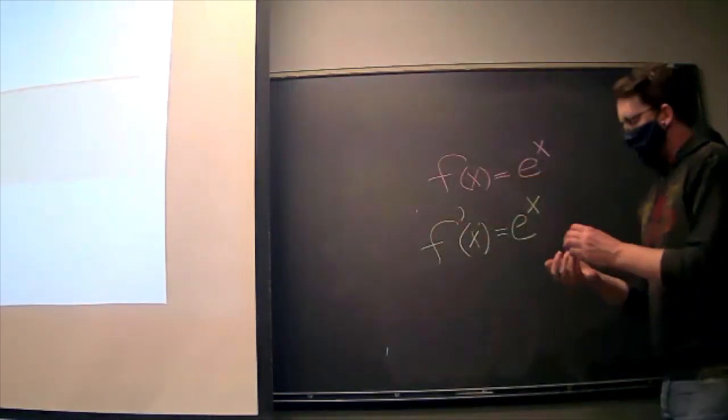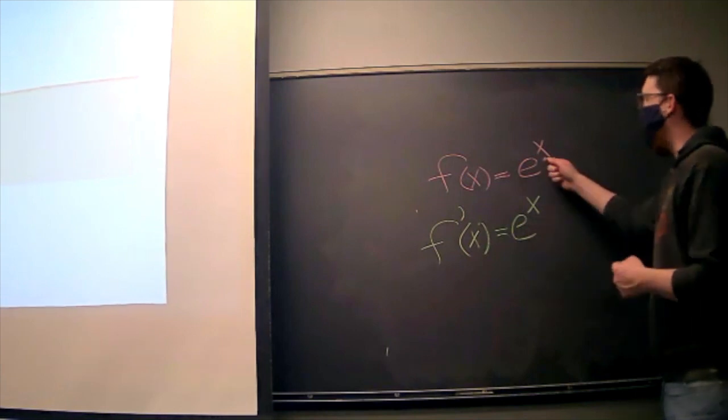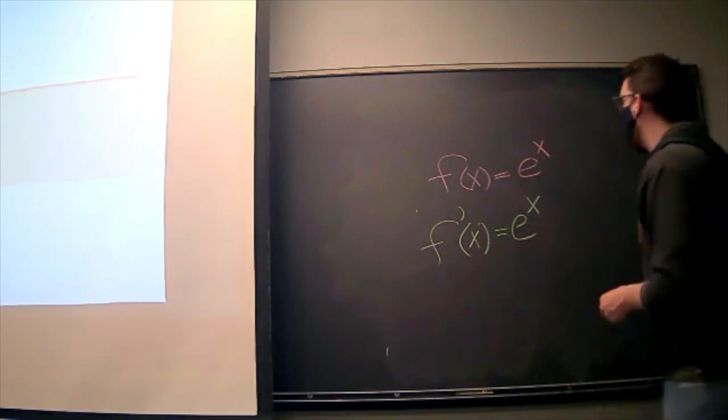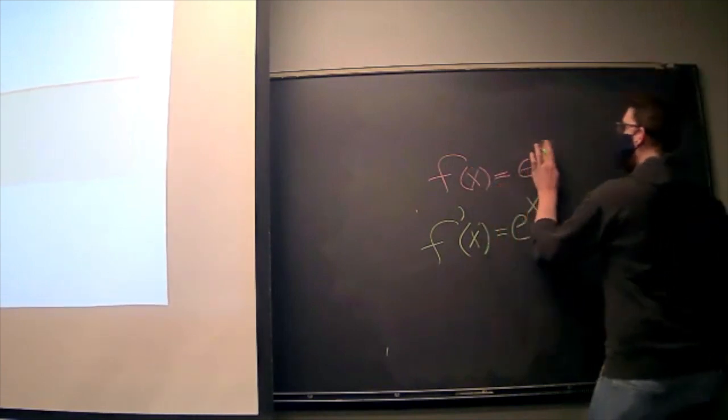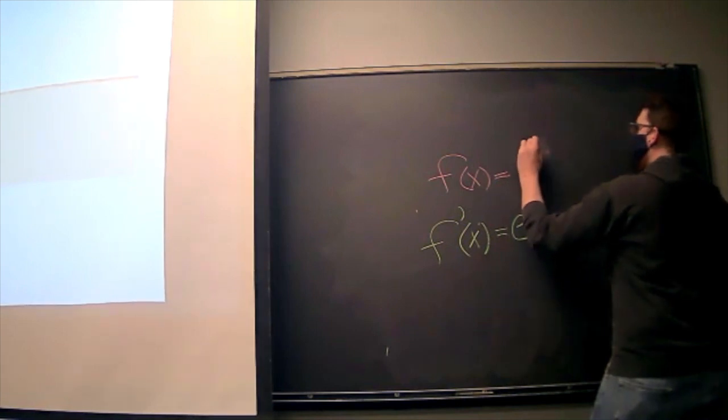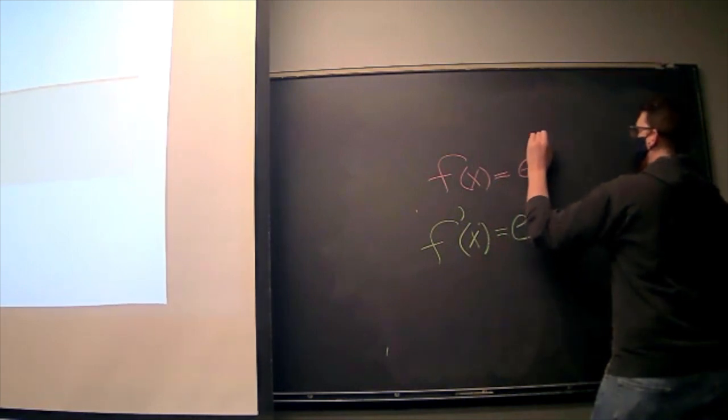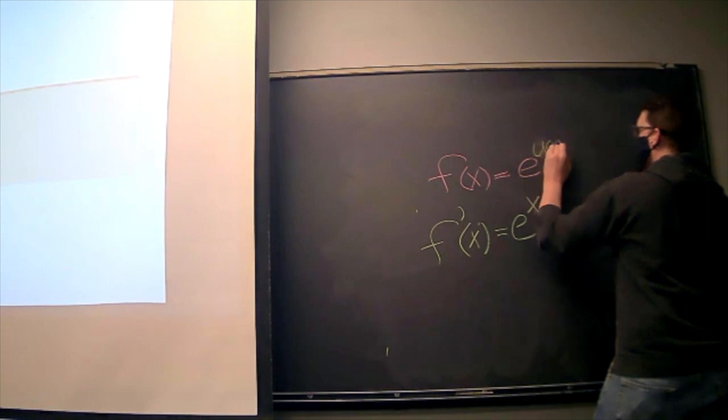Now, notice I kind of cheated up here. I just wrote x, right? What if, instead of x, we had another function, u of x?